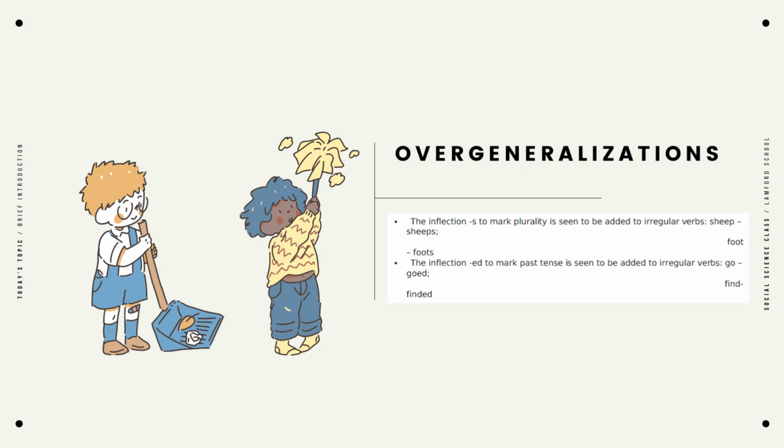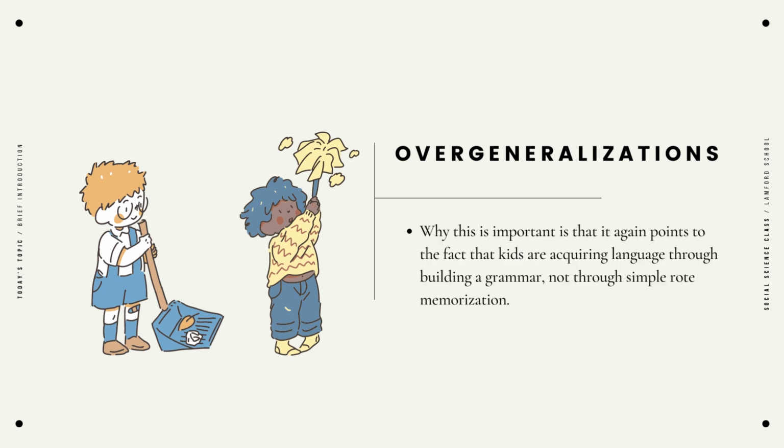So the inflection S to mark plurality is seen to be added to irregular nouns, which is another example of overgeneralization, like sheep, sheeps. Or the inflection ed to mark past tense is seen to be added to irregular verbs like find being finded, because that's how they learned to apply the ed, although it's still incorrect.